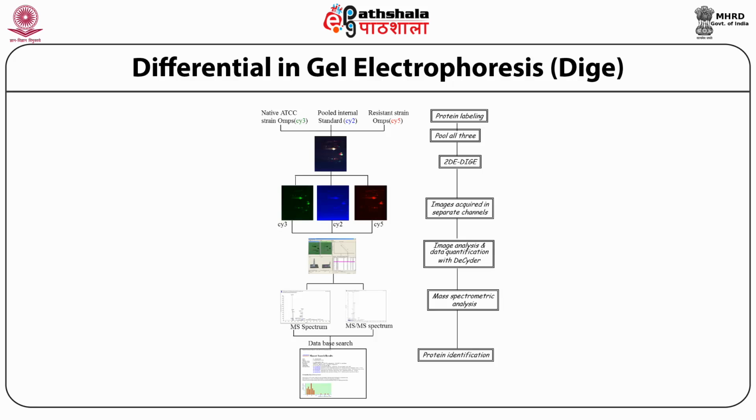After that, images are acquired in separate channels, which is followed by image analysis and data quantification with the help of DeCyder. The protein spots on the basis of differential expression will be chosen, and then they will be followed by mass spectrometry analysis, and after that protein identification using bioinformatics technologies.